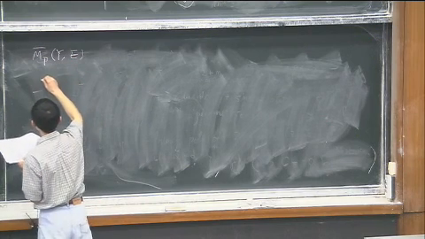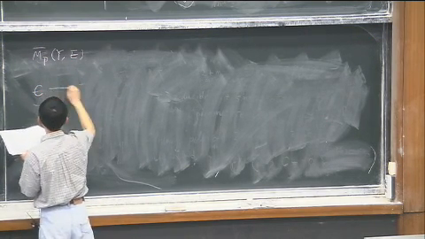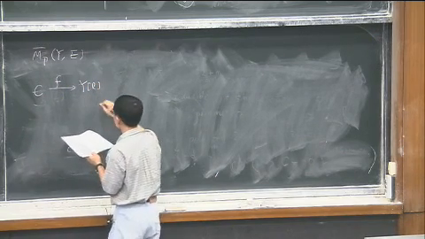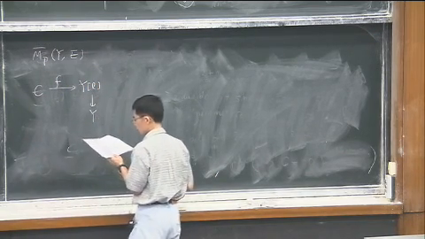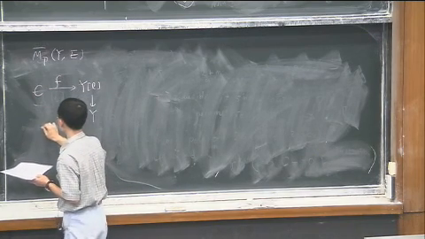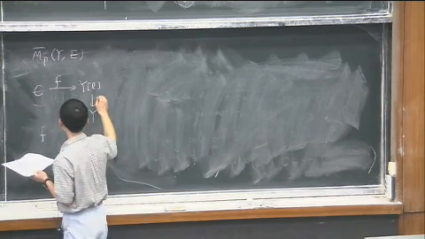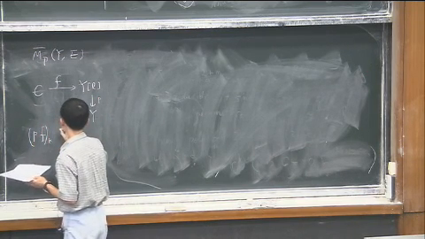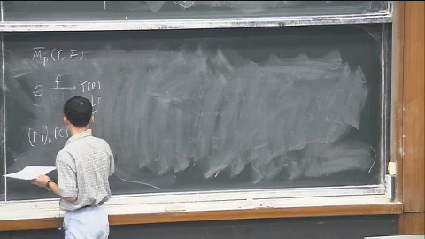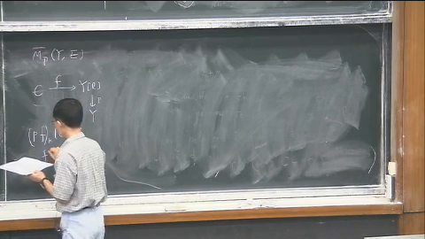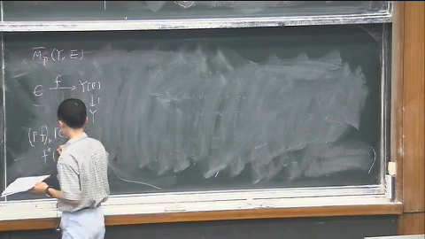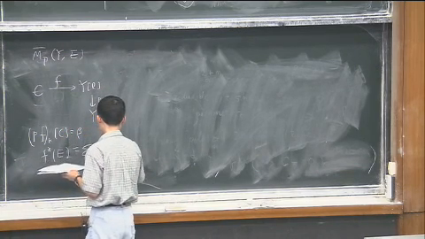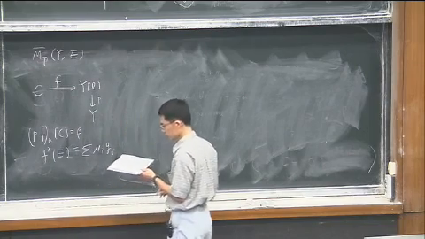Every moduli point will look like this: I will have a pre-stable curve mapping to YL, mapping to Y, such that, of course, this F, when it composes with P, this lower star of C will be the same as beta, and F upper star of E will be the summation of mu_i y_i, certain points.